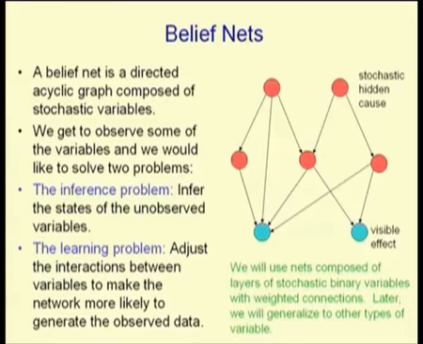And so there's three problems. One is, what's the structure of the model? I'll basically ignore that problem in this tutorial. A second problem is, if you think you know the structure of the model, that is how many units in each layer and how many layers, can you infer what states of these hidden variables probably caused these visible effects?